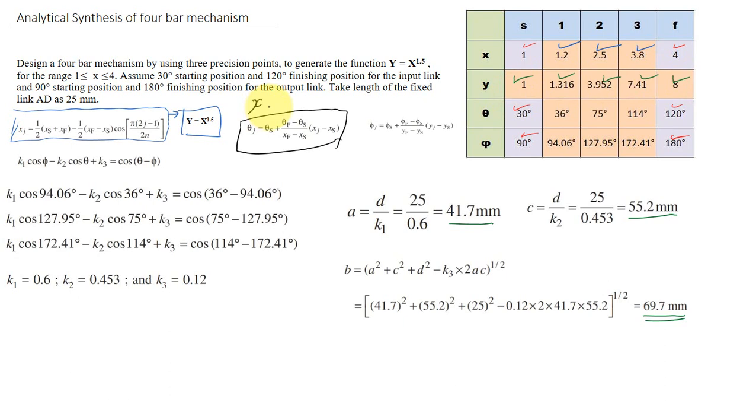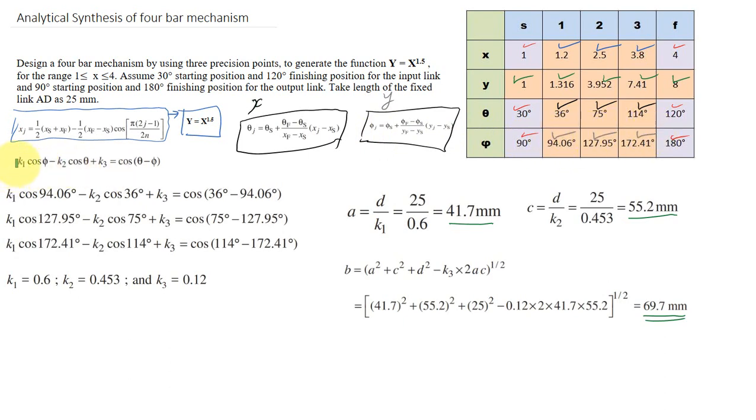By substituting the values of x1, x2 and x3 in this equation, you can find the values of theta 1, theta 2 and theta 3. By using the y values and this equation, you can find the values of phi 1, phi 2 and phi 3.